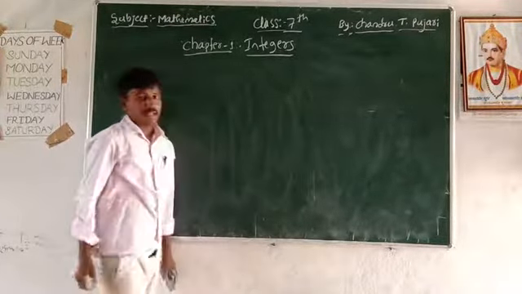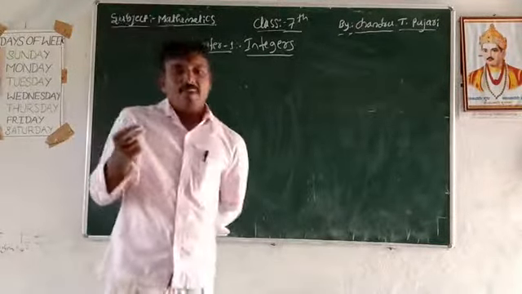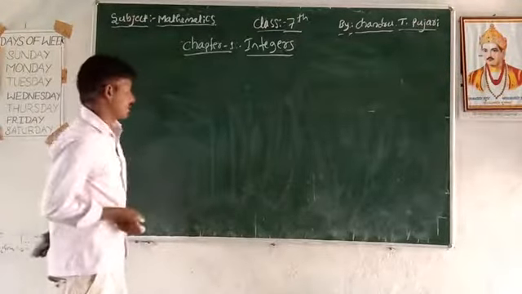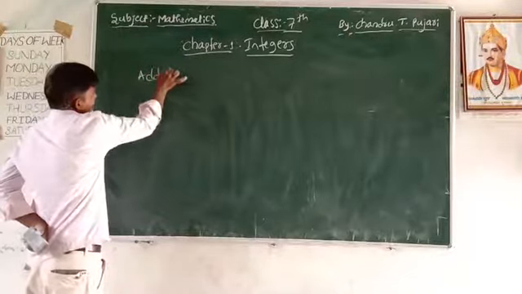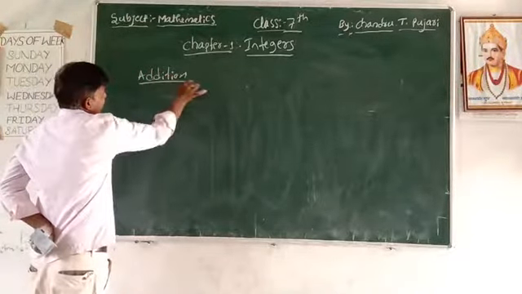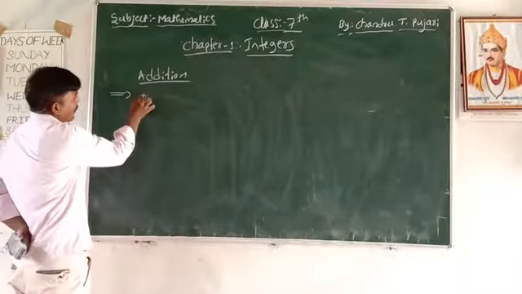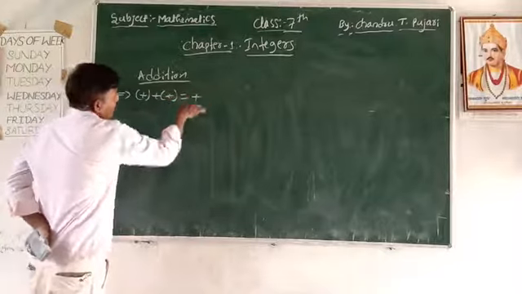Dear students, in your previous class, you learned the basic idea about integers and also the basic formulas for integers, for example, addition. In addition, the formulas are: plus plus is equal to plus.